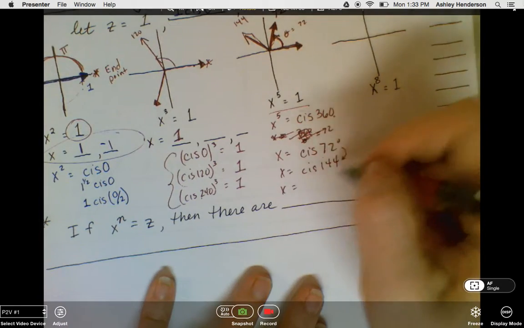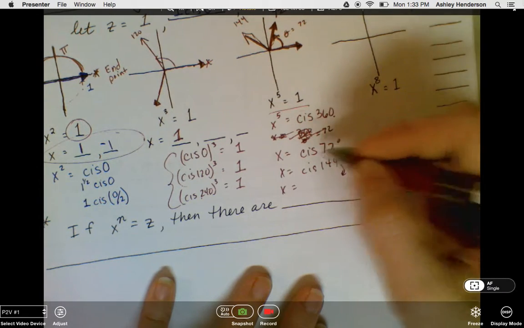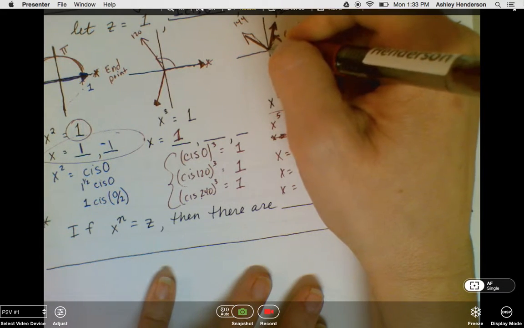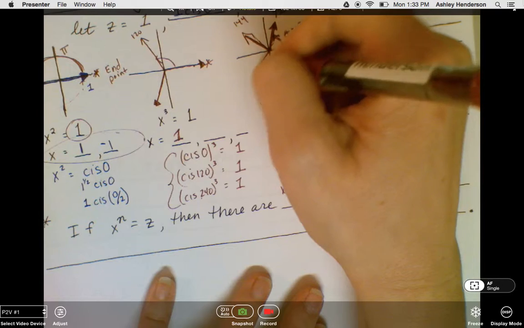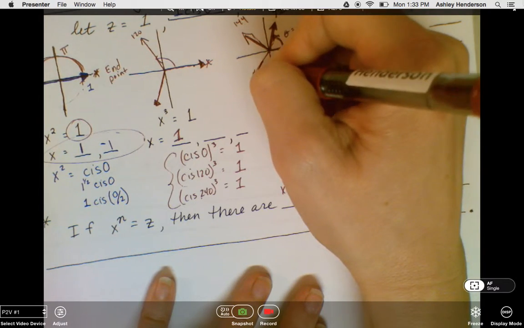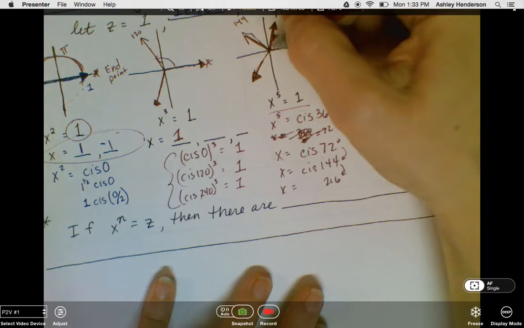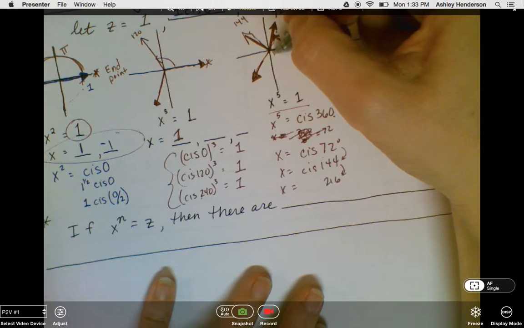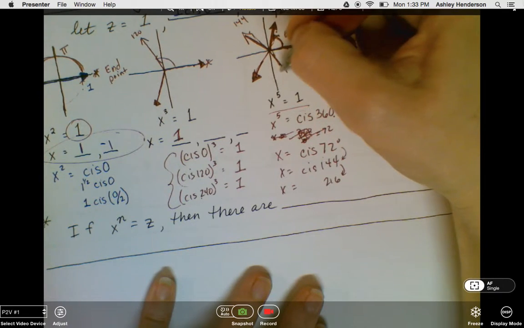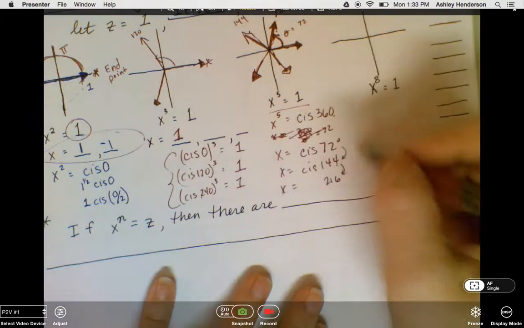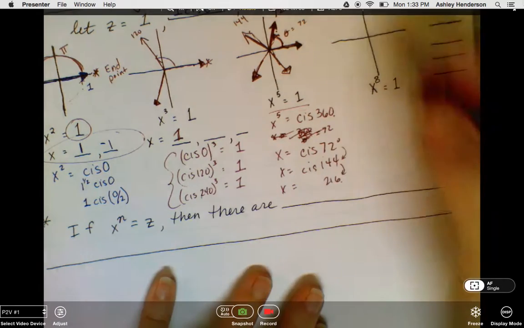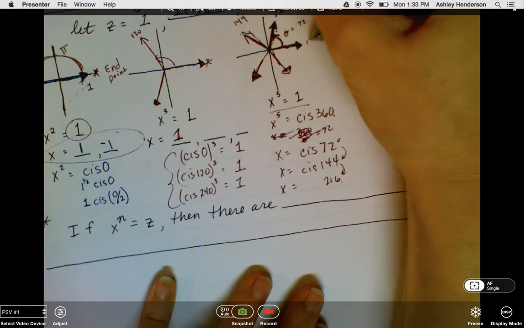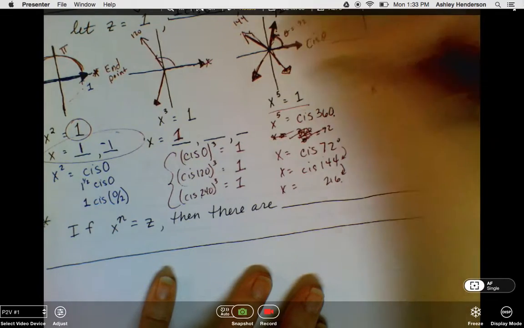And the next one gives us 216. It's going to be like here-ish. So we have 1, 2, 3, 4. And then we'll say the last one's like here-ish. You can calculate the last 2 answers. So 1, 2, 3, 4, 5 answers.